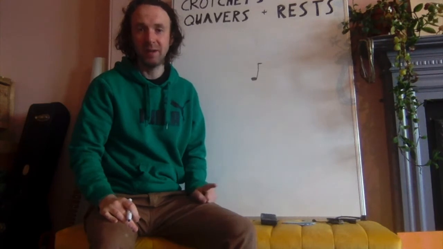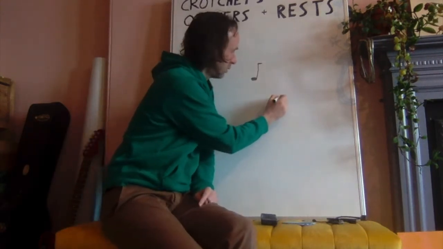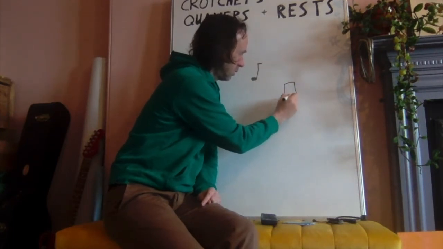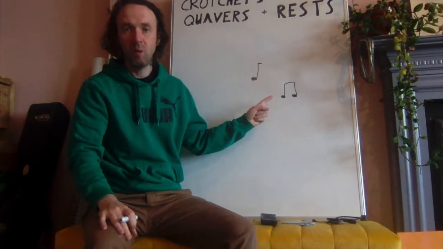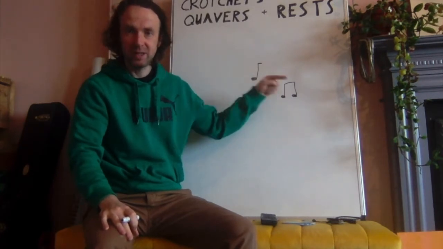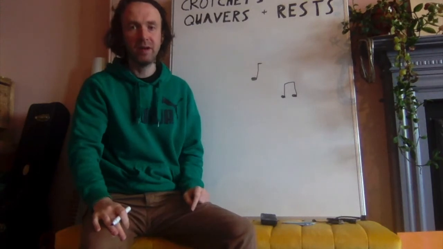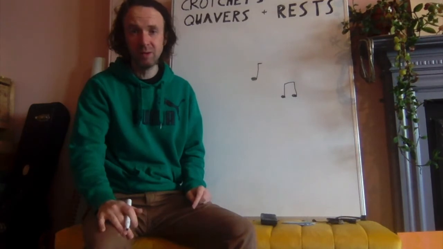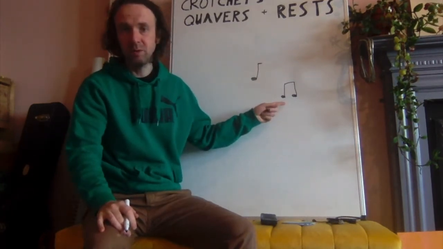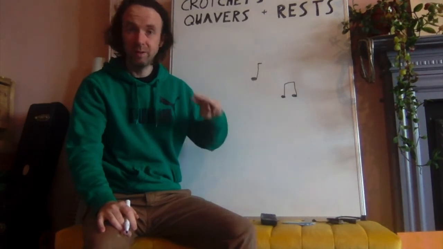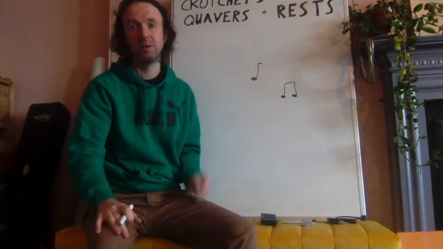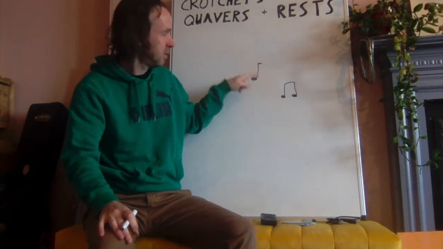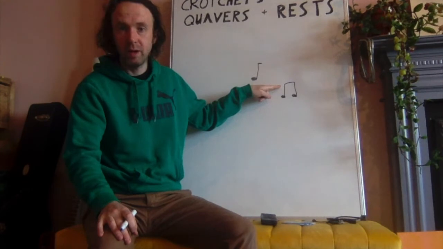And you often see them joined together, but that is not one quaver, that's 2 quavers joined together. There's no hard and fast science to how you write music. It's down to the preference of whoever wrote it, really. So you usually will get 2 if they're next to each other, they'll be joined together. 4 if they're next to each other, might be joined together. But the important thing is, if it has a little line, that makes it a quaver, and if it doesn't, it's a crotchet.